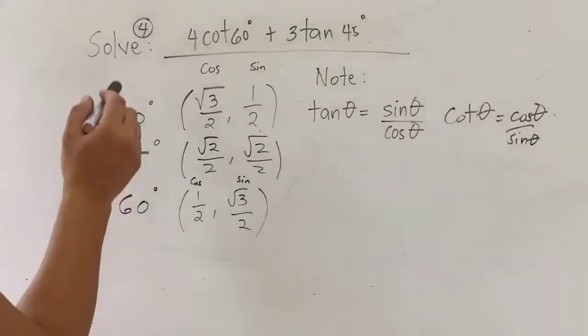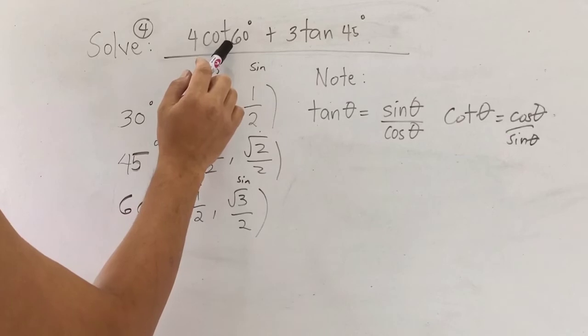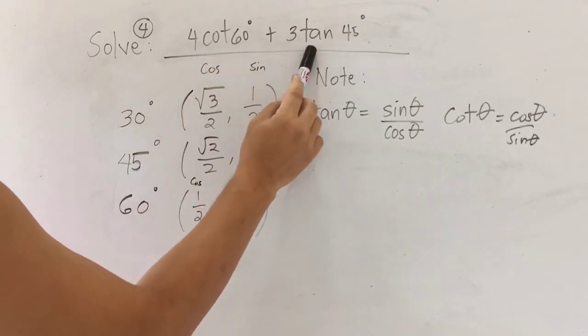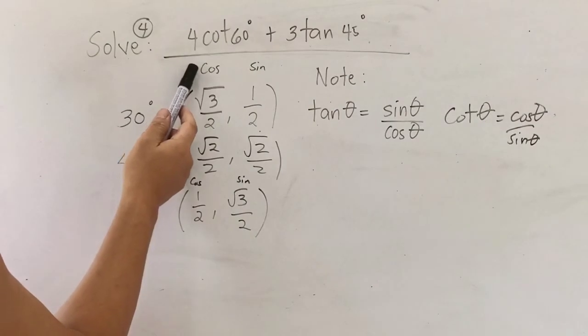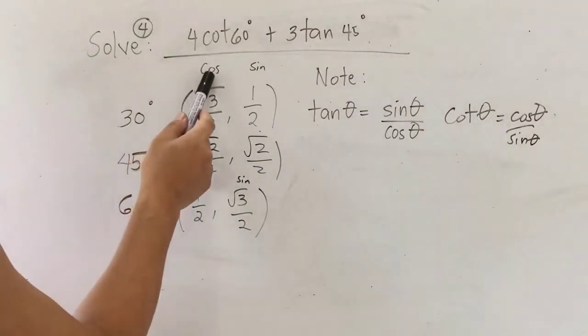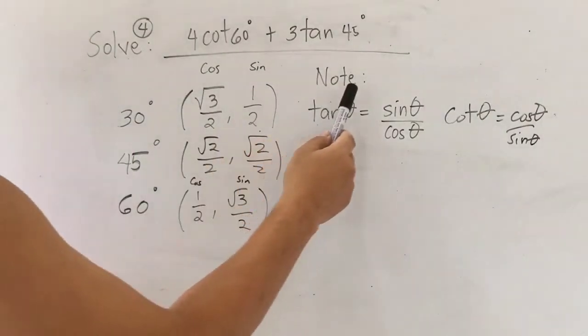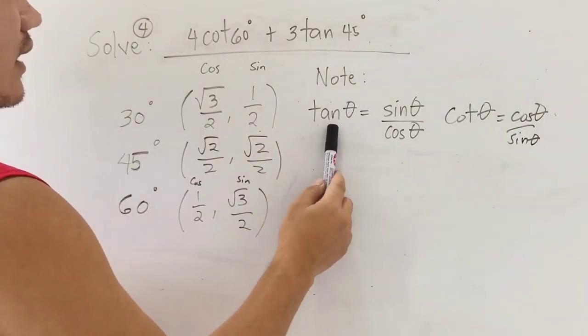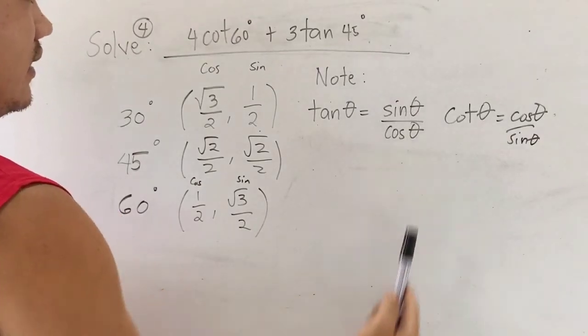How about given number 4? We're going to solve 4 cotangent 60 degrees plus 3 tangent 45 degrees. Again, tatandaan natin na ang ating first element ay cosine value at ang ating second element ay sine value. First note, ang ating pagkuha ng tangent value ay i-divide natin ang sine sa cosine.